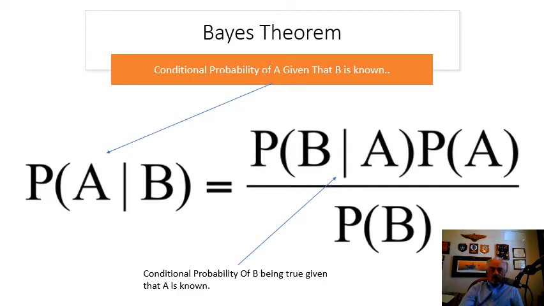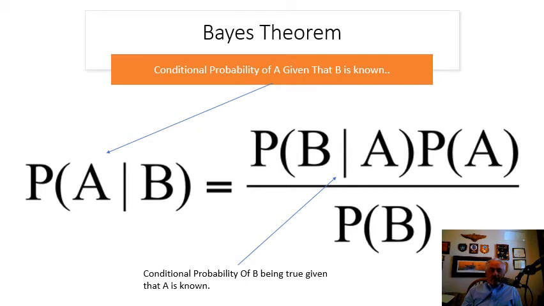Okay, what is Bayes' theorem about? We can see that the expression on the left side, the probability of A given that B is known, is the solution to this equation. This is what we're looking for. We're looking for some measure of understanding of the probability that A is true or exists, given that B has also occurred.